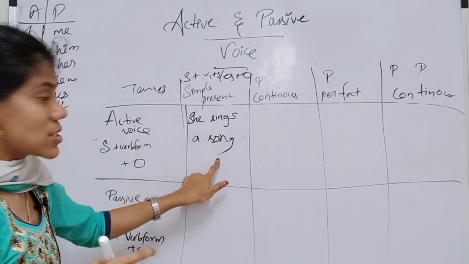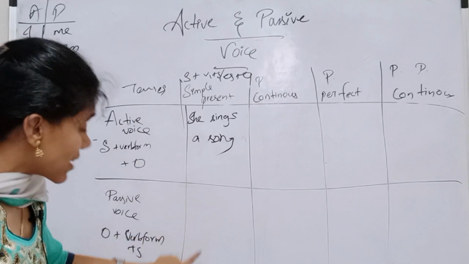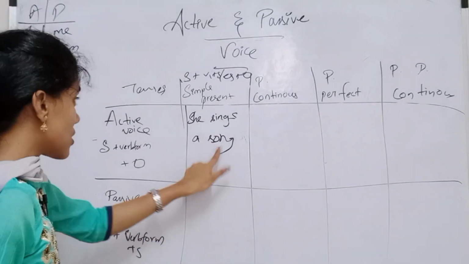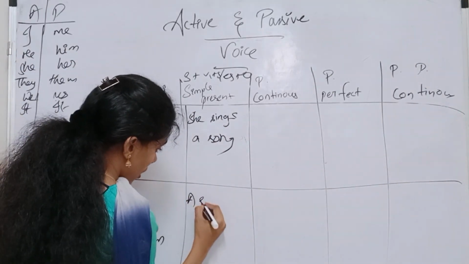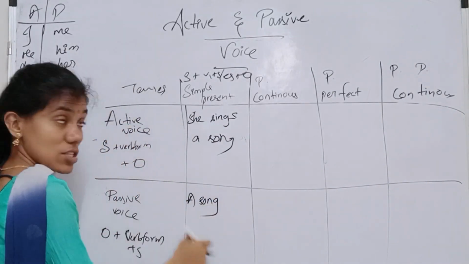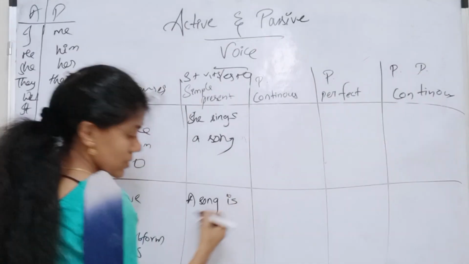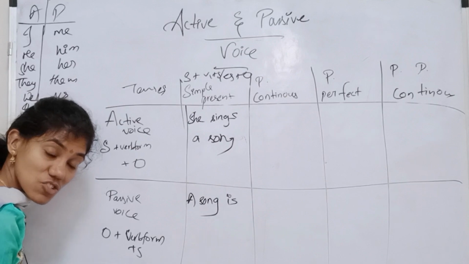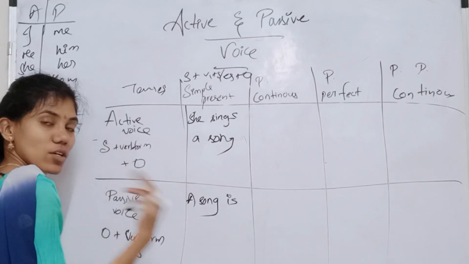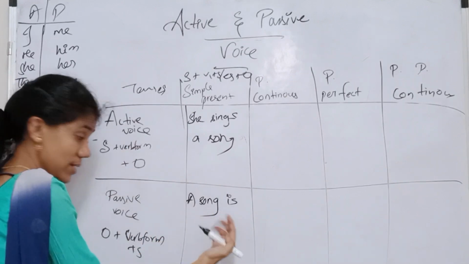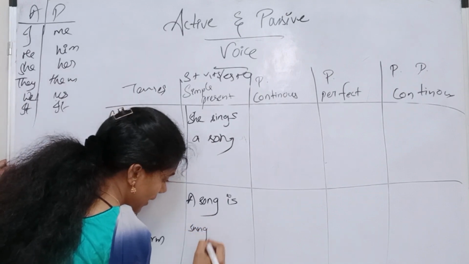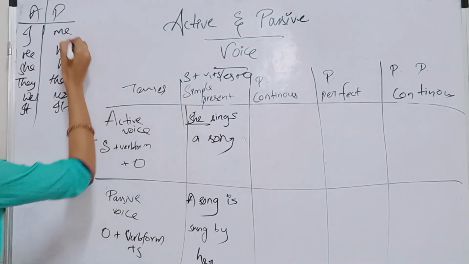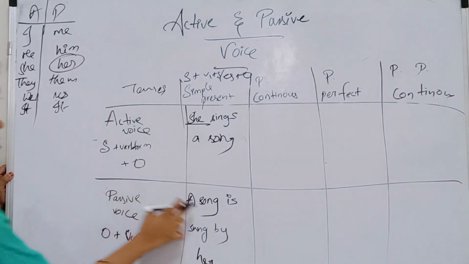If I convert this into passive voice, what should come first? Object, then subject. Now you reverse this: a song. This is present tense, so "is", and the verb will be changed into V3. A song is sung by. Here for "she" what do we get? Her. A song is sung by her.